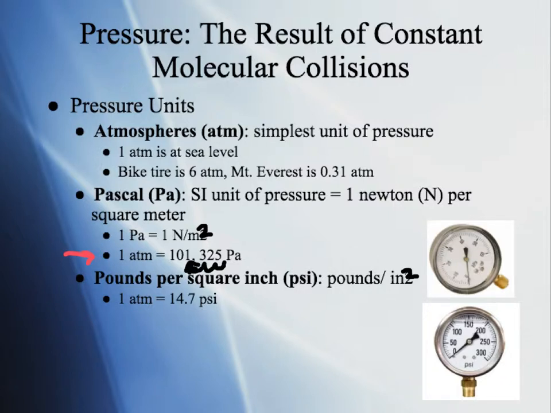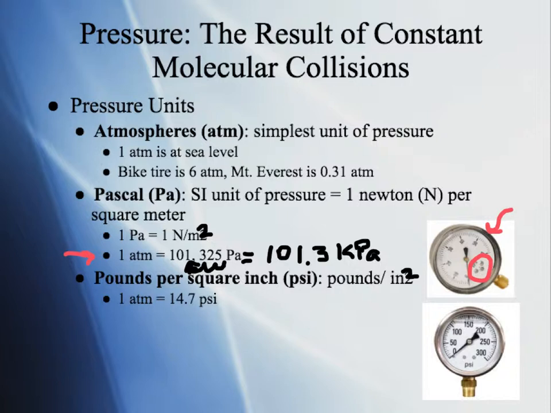And so what we're going to get is 101.3 kilopascals. So that's what we usually are going to be measuring in when we're talking about pressure, kilopascals. And in fact, if we look at this pressure gauge right over here to the right, we can see here it says kPa. All right, so this pressure gauge measures in kilopascals.